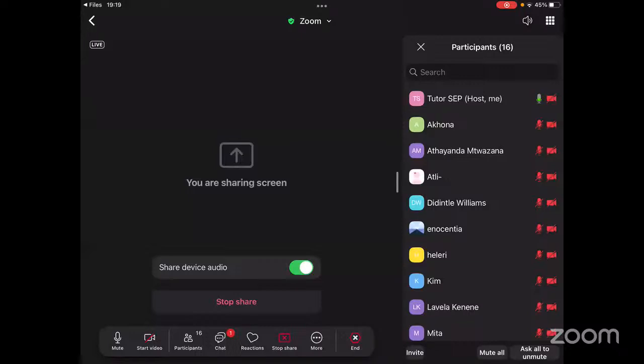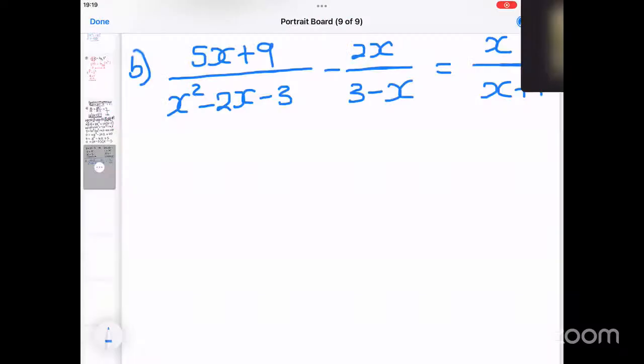Okay, so now let's see. We have this equation.